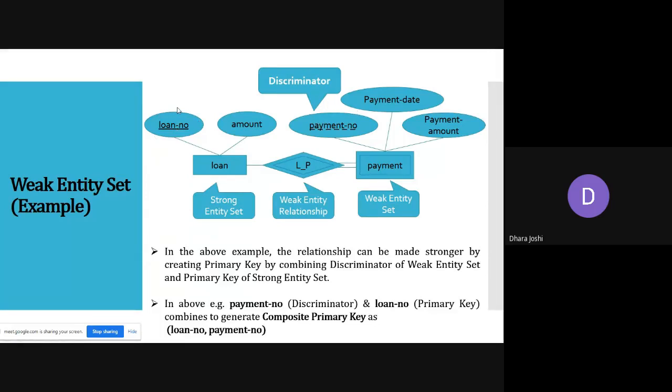We will combine both together and it is called composite. Why is it composite? Because we are combining both of their attributes. So it generates a composite primary key and it can be represented like loan number, comma, payment number. So if I have both the information, loan number and payment number, then it can work as primary key for this payment weak entity set.